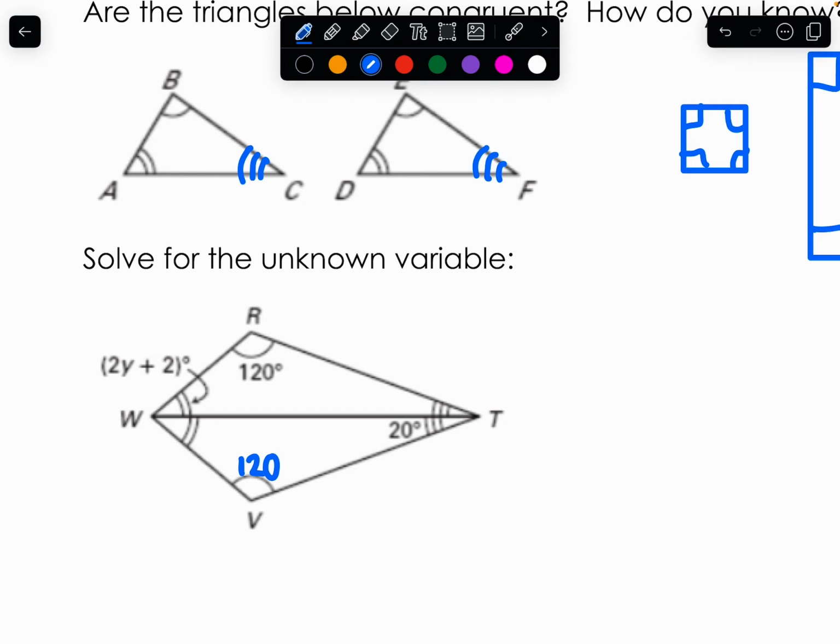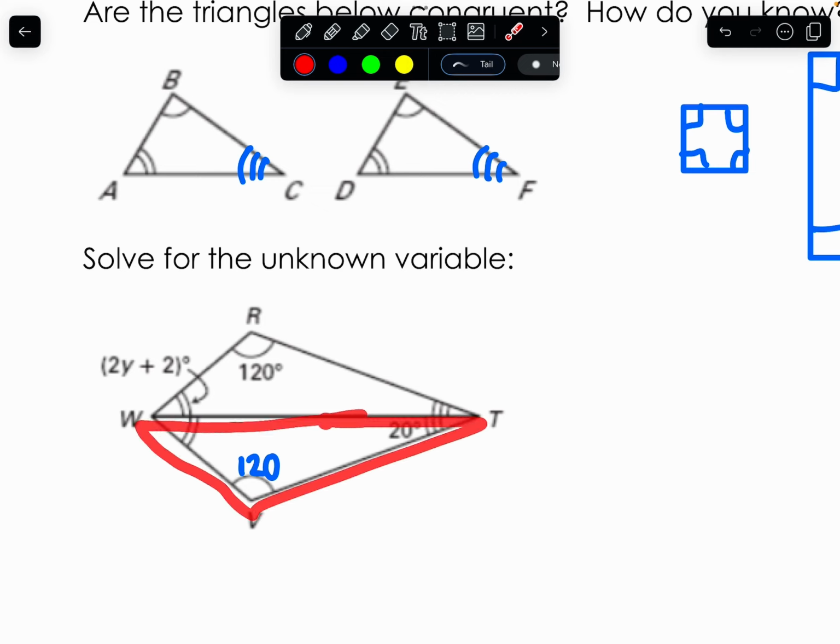So maybe you already know how to go about this, but here's one way of doing it. If I can figure out what W is, I can do part equals part with these two because they are congruent. So let's figure out this piece. How can I figure out the missing angle of this triangle? And we did this yesterday. I know all triangles add up to 180.